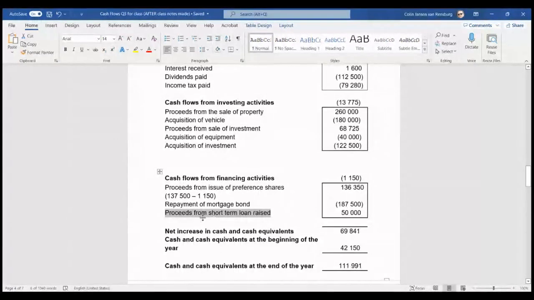That will be good, right? So not just short-term loan, but at least proceeds from as well. And the amount we've seen is 50,000. And as you can imagine, it's a loan that we've taken out. So that 50,000 would have been deposited into our bank account. So that would represent an inflow of cash. So that we will indicate as a positive.